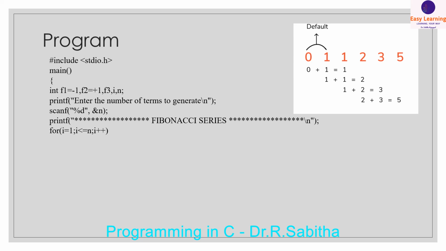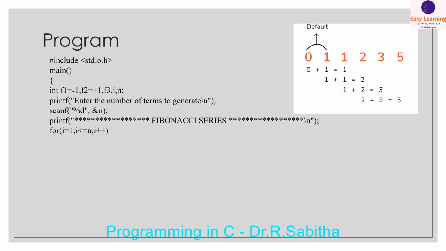A for loop is a construct where a set of instructions is repeated n number of times. So I am giving the for loop as i equal to 1, i less than or equal to n. If I give 5 elements, the loop will be repeated from 1 to 5, and the instructions inside the loop will be executed 5 times.